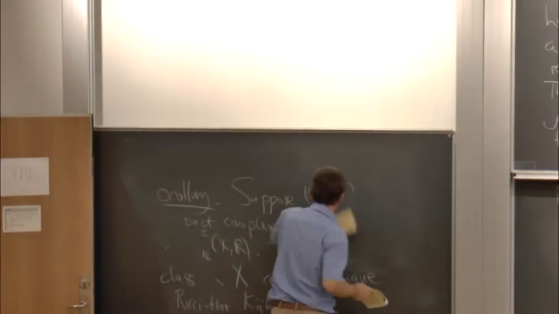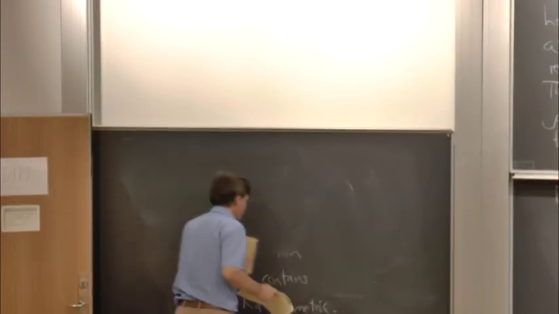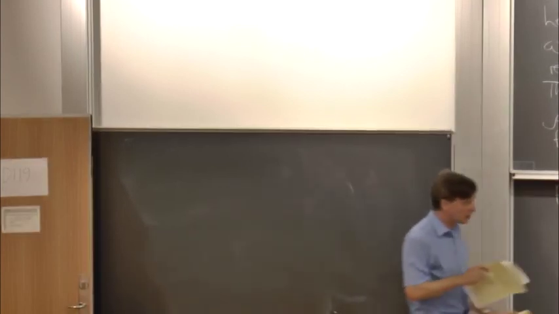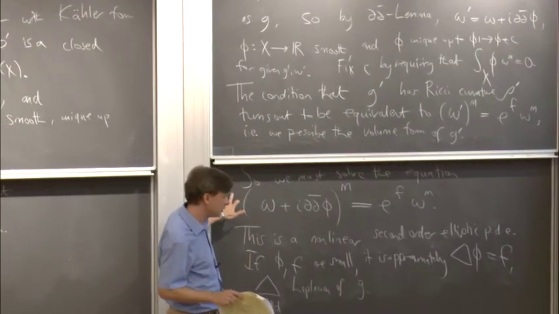So we're going to solve, or Aubin and Calabi now solve this using something called the continuity method. So you basically produce a one-parameter family of equations like this, where t goes from 0 up to 1. When t equals 0, you know what the solution is.